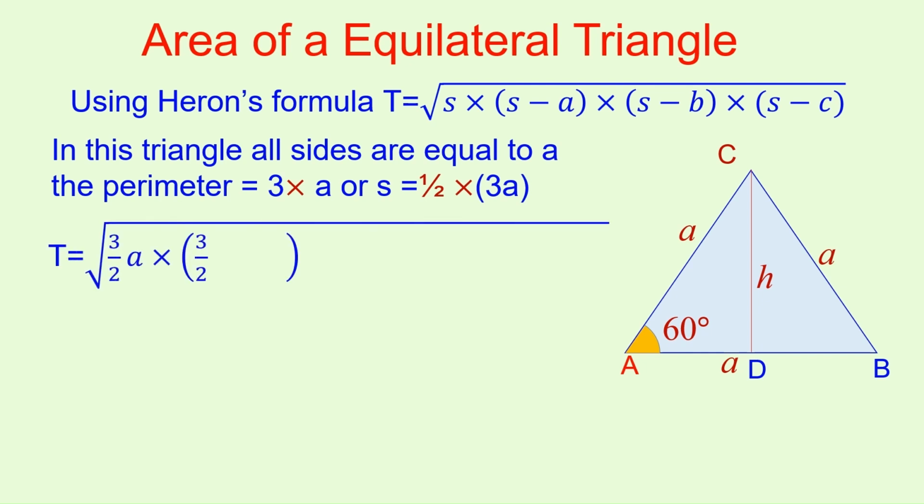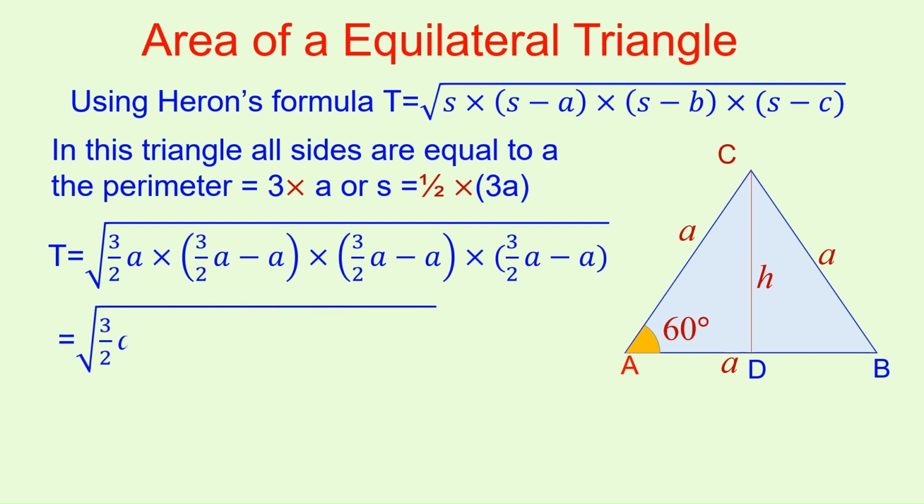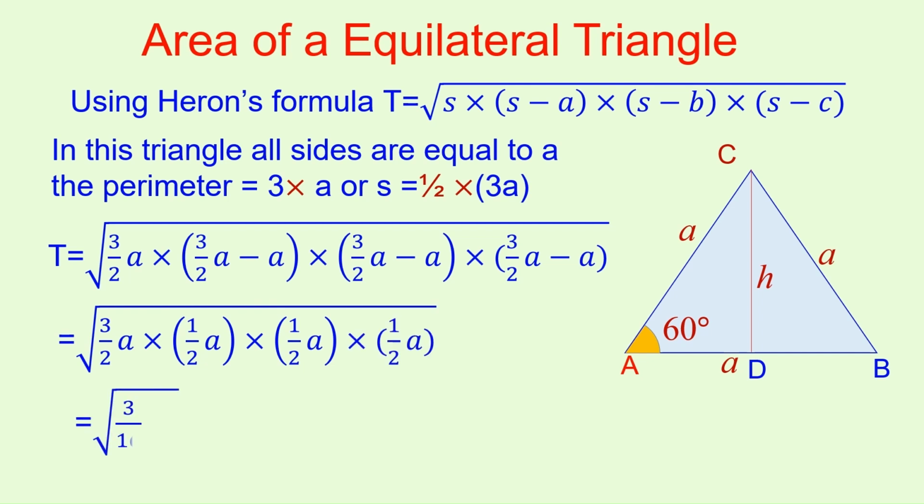Substitute it in the formula, and we get the area of the equilateral triangle equals square root 3 divided by 4 times A squared.